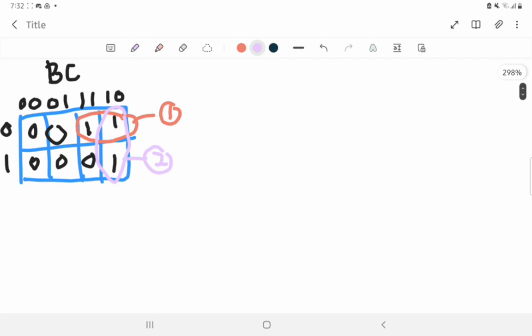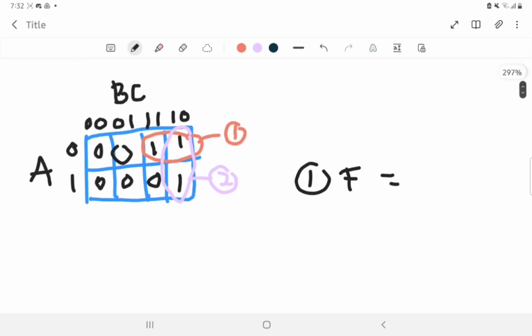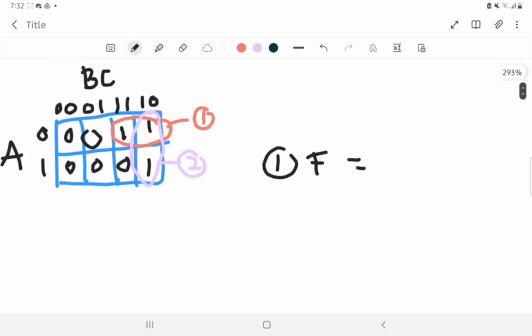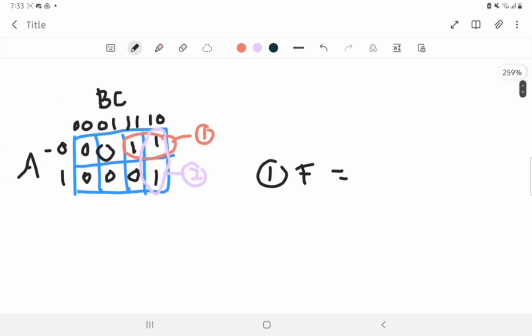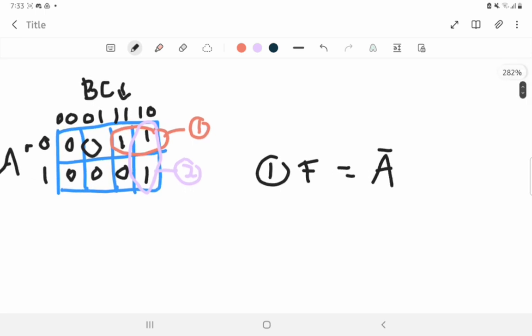Okay, so just do the equation. The first one, F equals, okay, now we look at this. Both 1s have the same A, right? Their A is 0. So we take the same value. A is 0, but 0 means not. And then look at this one.